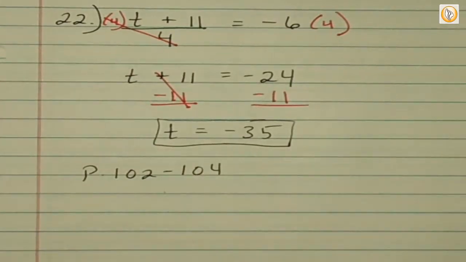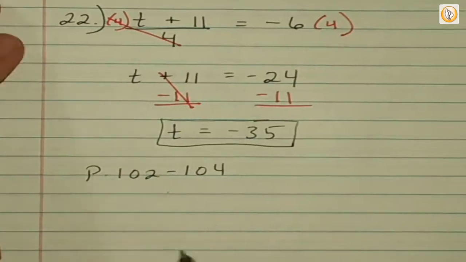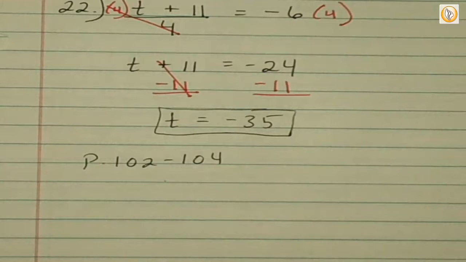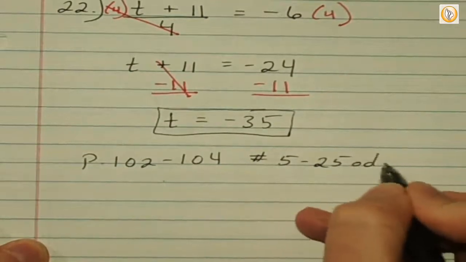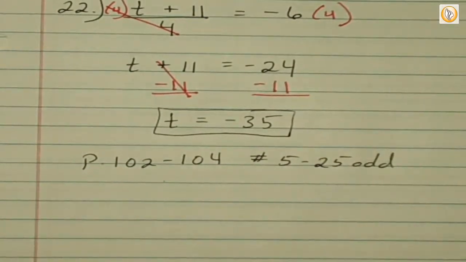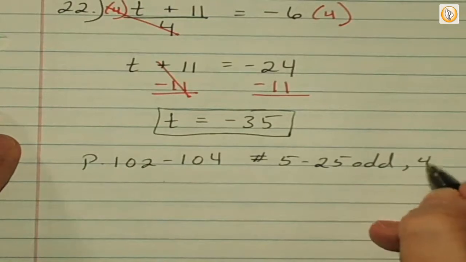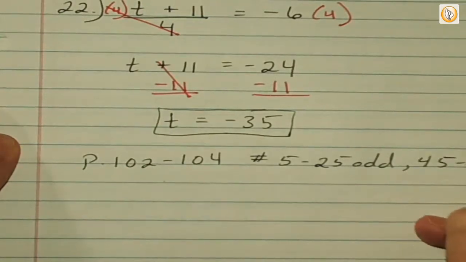You're going to do numbers 5 through 25 odd. 45 through 53 odd.